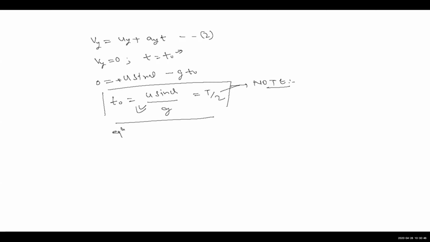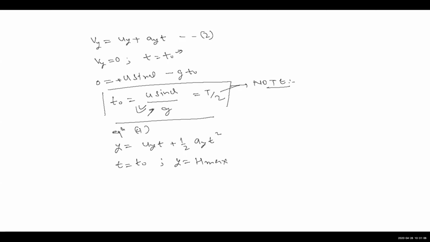Then we go for equation 4, which says y equals uy t plus half ay t square. The condition here is when the time becomes t naught, which we have already calculated, the displacement along the y-axis will be h max.